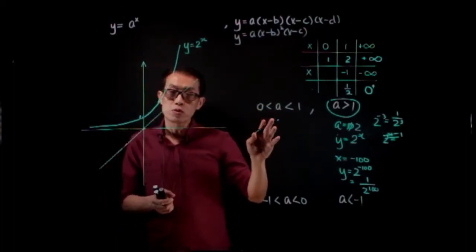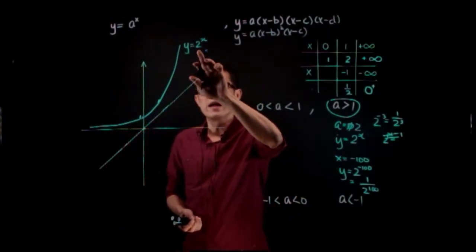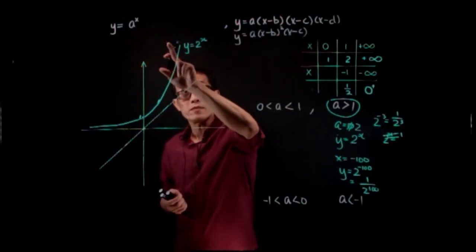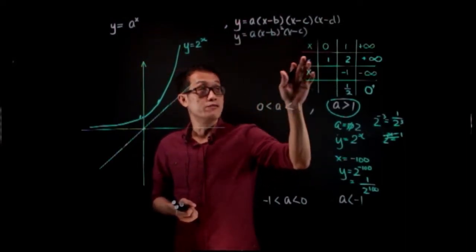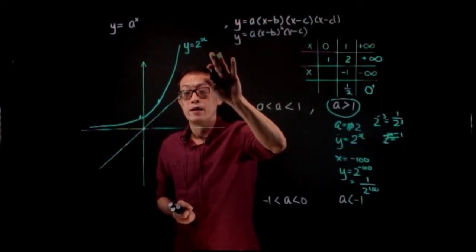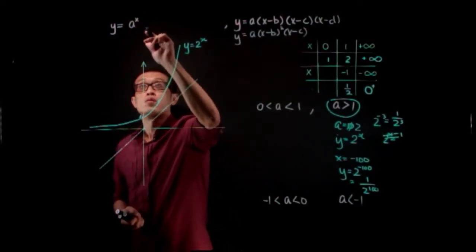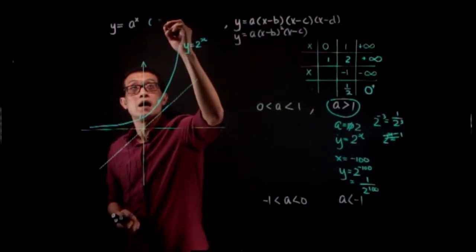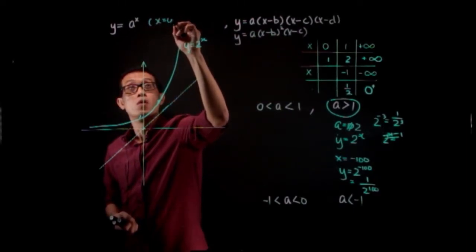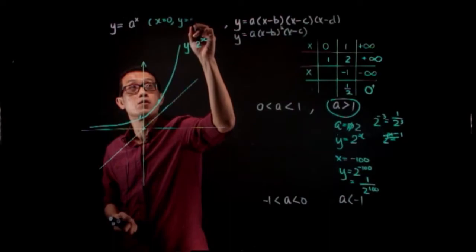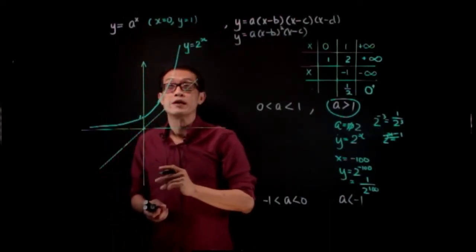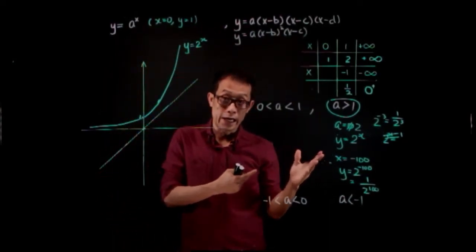Now, the thing to take note of is, regardless of the value of a, anything to the power of 0 is 1. So when x equals 0, your y always equals 1, regardless of the value of a.